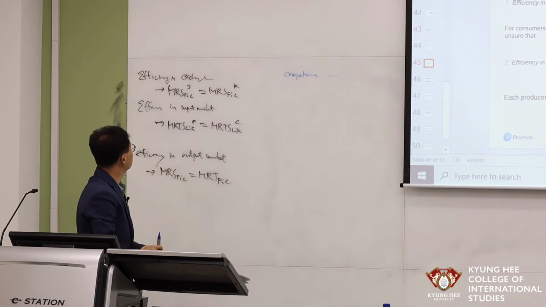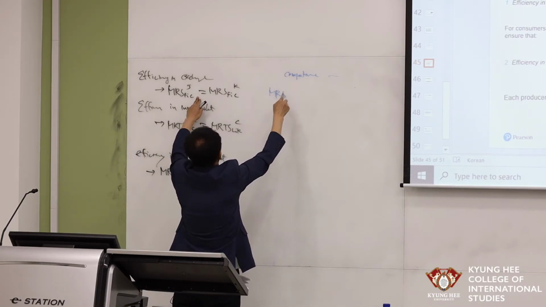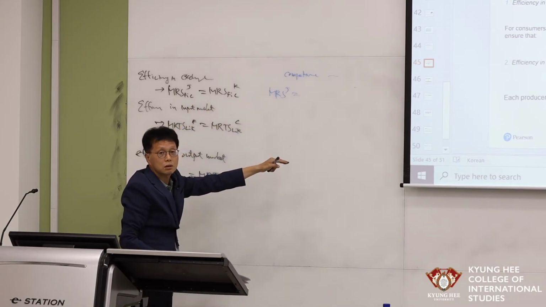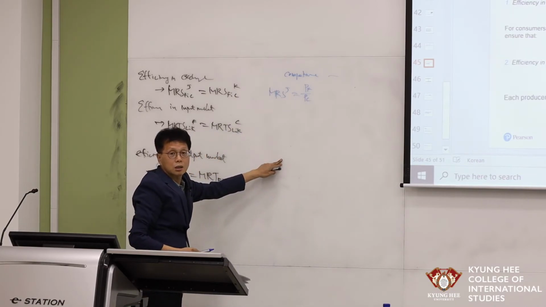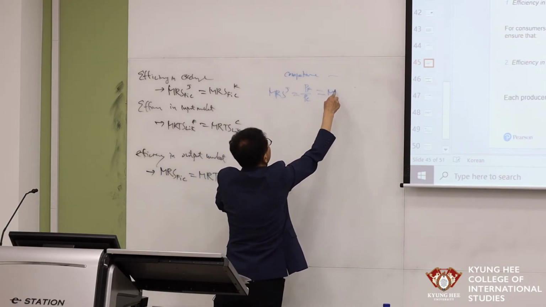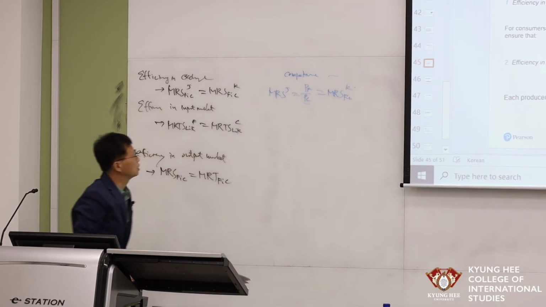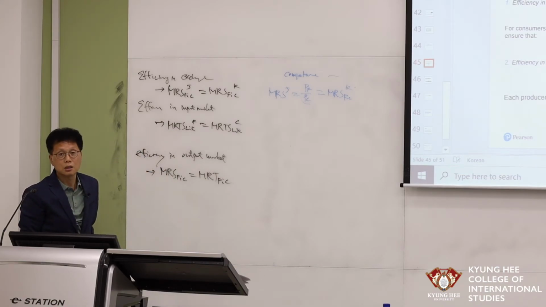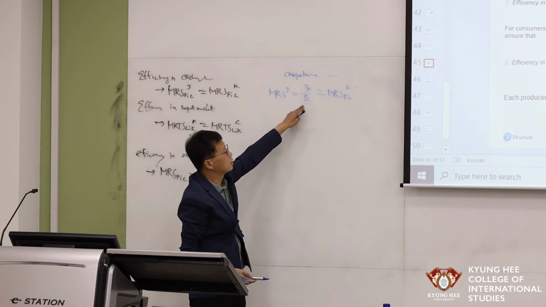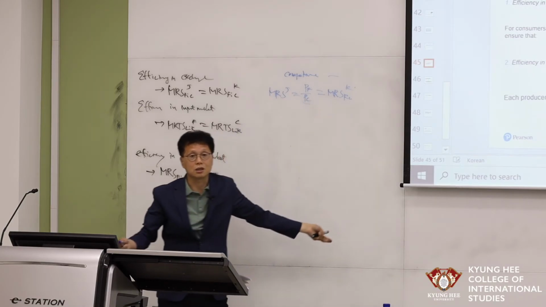Competitive efficiency in exchange means MRS James is equal to PF over P clothing, right? Should be equal to MRS food for clothing Karen. That is competitive efficiency in exchange, right? And we know that this is a first order condition of utility maximization for James and Karen simultaneously, or Japan and Korea simultaneously, right?